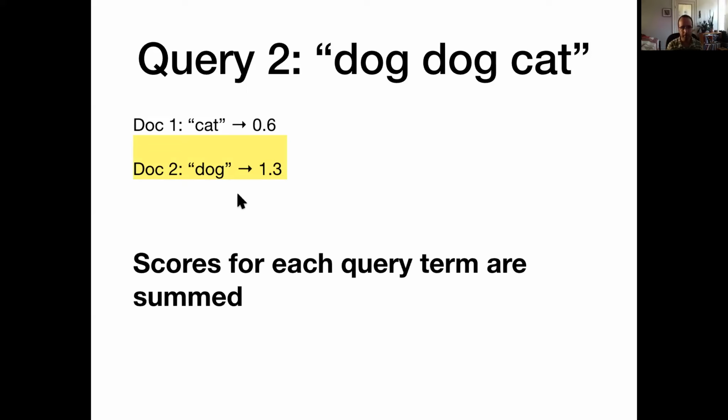So document 2 wins out because we have 2 dog query terms, and the score for those 2 dogs is going to be summed together, and that's more than we're going to get when we match a single instance of cat in the query against a single instance of cat in document 1. So the scores for each query term are summed.